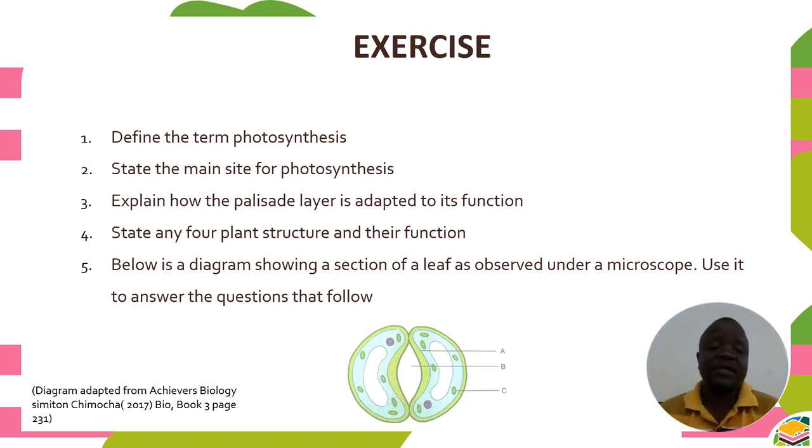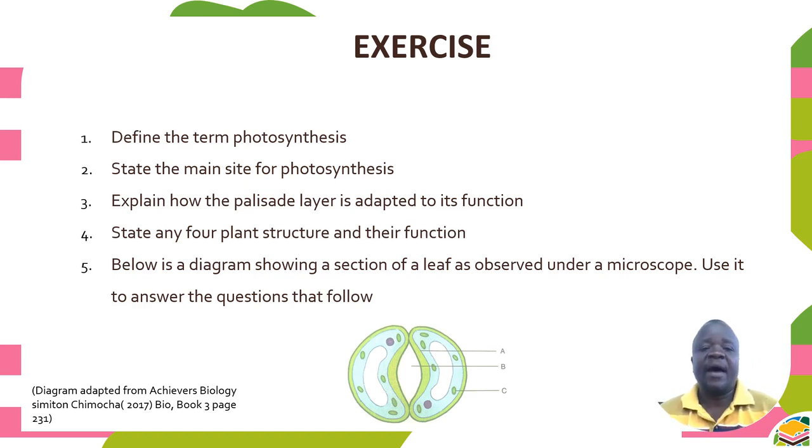We have looked at the adaptation of the leaf to carry out photosynthesis. We have also looked at how each of these internal parts is adapted to perform its function. So here I will leave an assignment which you respond to.